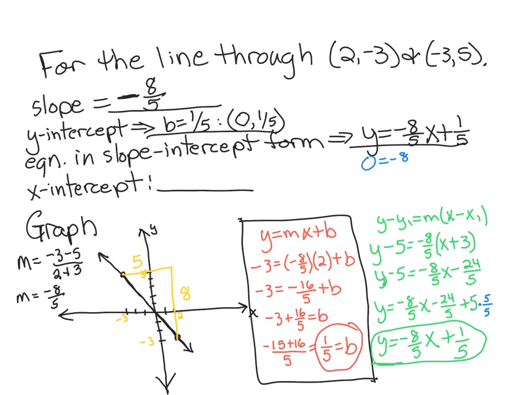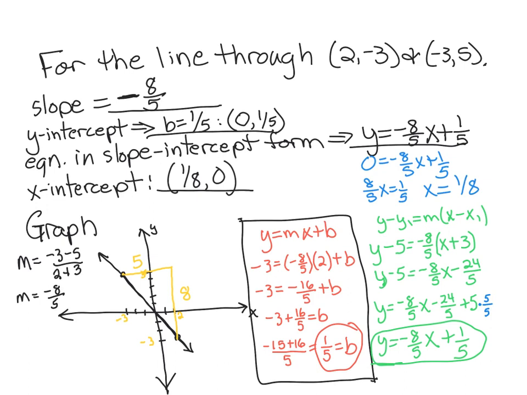Now, the x-intercept is where we plug in 0 for y. 0 equals minus 8/5 x plus 1/5. 8/5 x equals 1/5. Multiply away the 5, and you get 8x equals 1, and you get x equals 1/8. So that gives me the value of x where y equals 0, and you get your x-intercept.